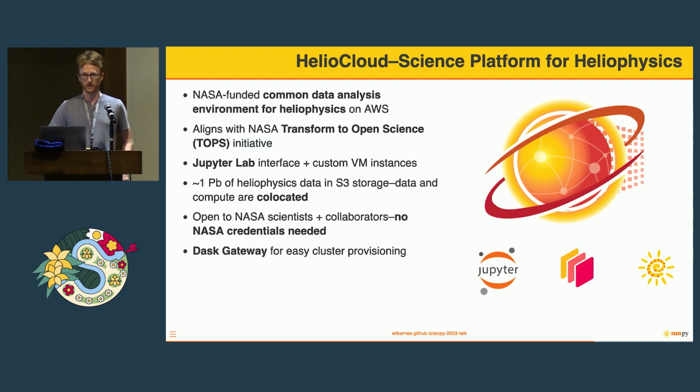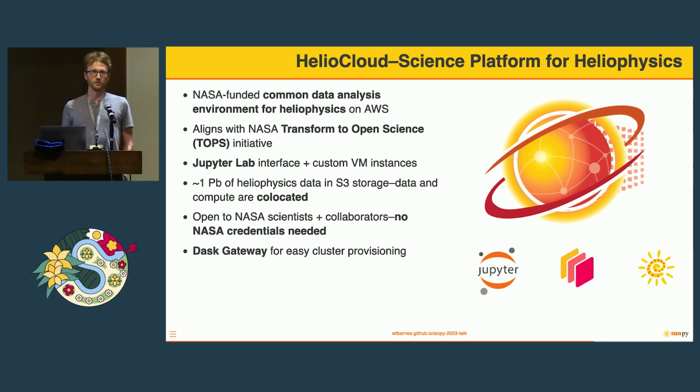Fortunately, one of the solutions to this has been something called HelioCloud, which is a NASA-funded data analysis environment for heliophysics that's hosted on AWS. This is very in line with the NASA movement to Transform to Open Science, or TOPS initiative, that some people might be aware of.